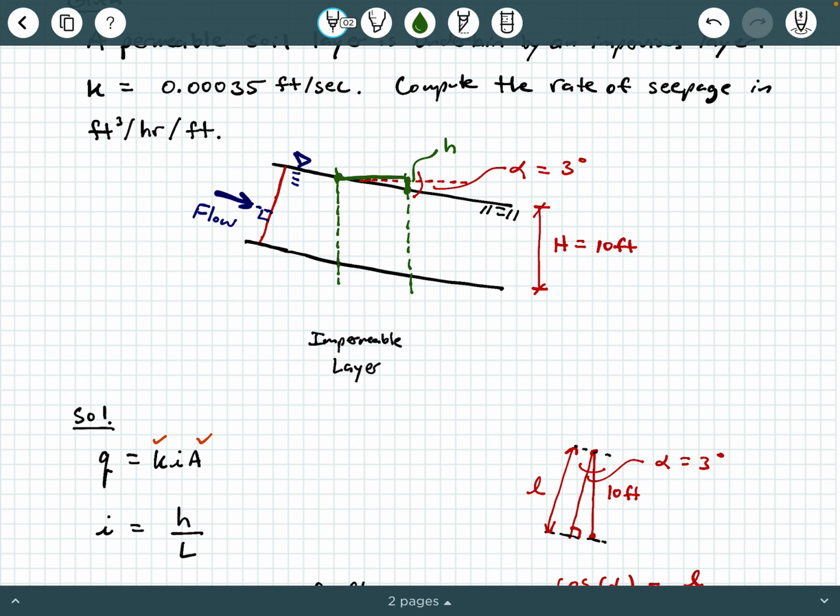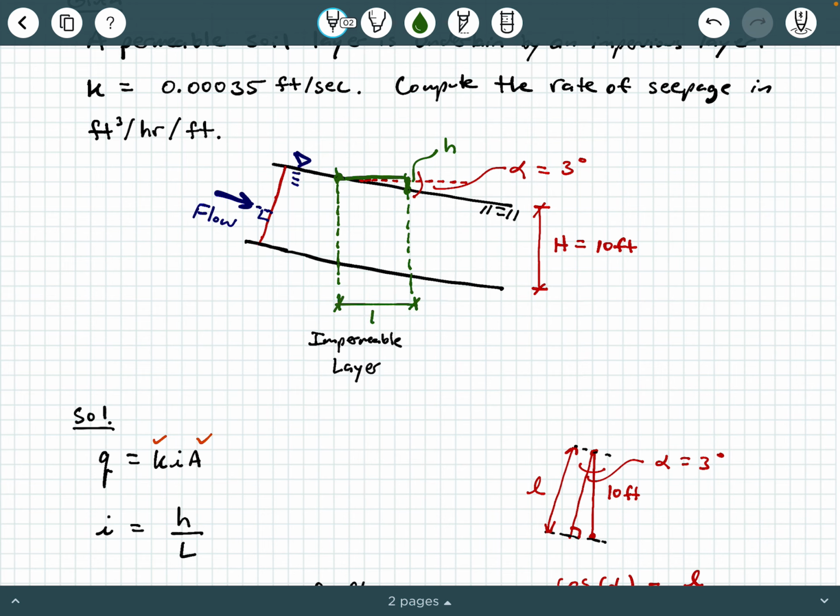So what we're kind of pretending like we're doing is putting 2 piezometers at these 2 spots, okay? And then we're pretending that the water level in those 2 piezometers, the difference in that is going to be our head loss. That's effectively what we're doing here, okay? And so the next thing I'm going to do is I'm going to look at the length, okay? So what I'm really interested in is this horizontal length right here, okay?